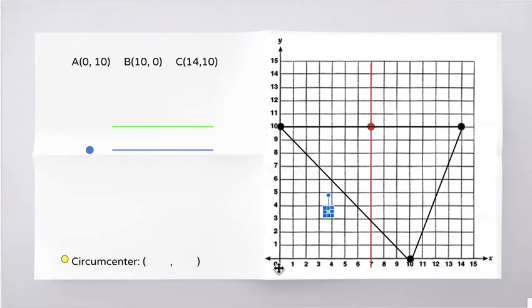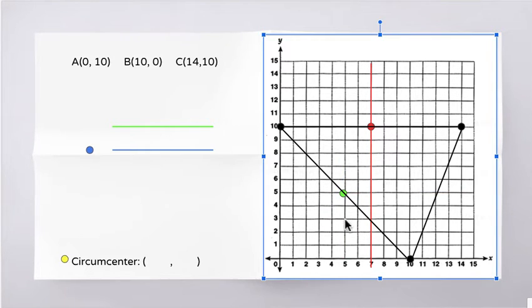If I think about the middle of the x values, one is at 0, one is at 10, so the middle of that will be at 5. For the y values, one is at 0, one is at 10, so the middle will be 5. So the midpoint of this segment is going to be at 5, 5. So I line that up, I find my midpoint and I put that dot there.